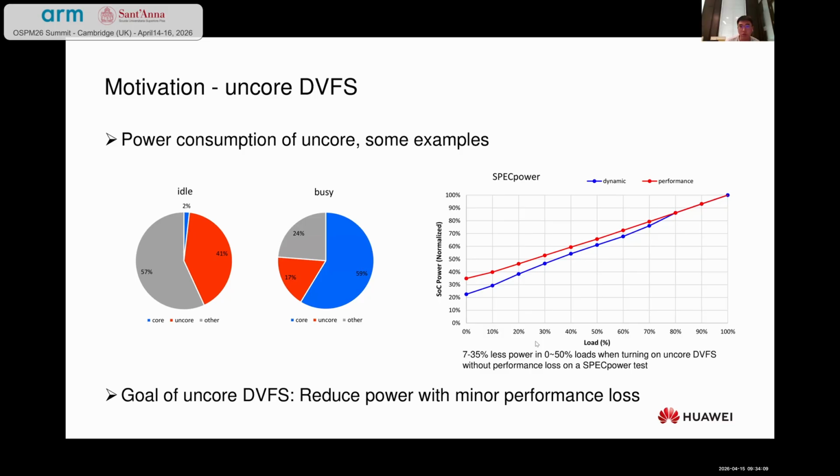In this example, it saves 7 to 35% of power consumption between load levels from 0 to 50% when turning on the uncore DVFS scheme. There is no performance loss in this case because the SPECpower workload is quite steady, and you can allocate the workload to a target level and measure the throughput.